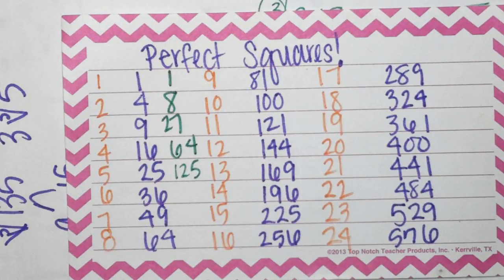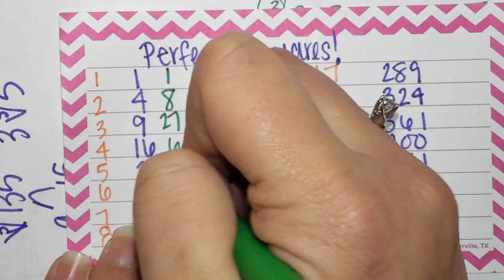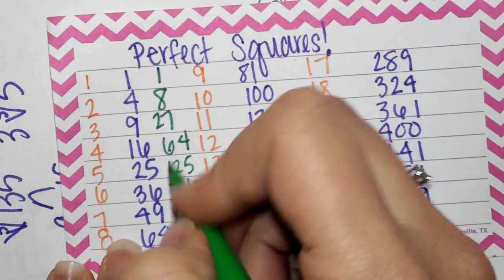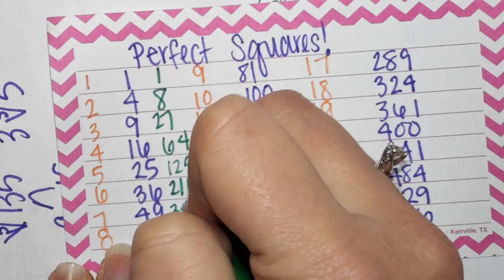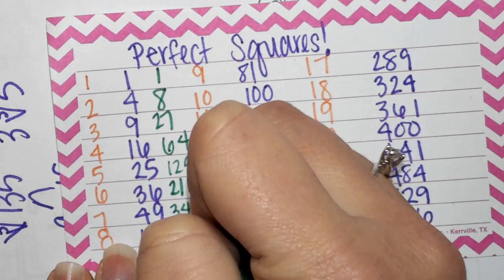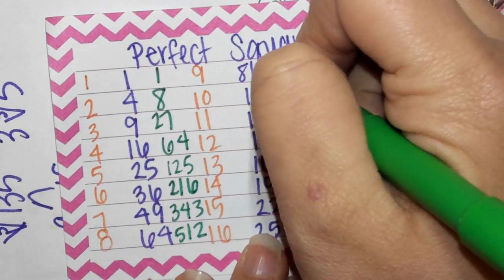Alright, so 6 cubed was 216. And then 343. 512. 7.